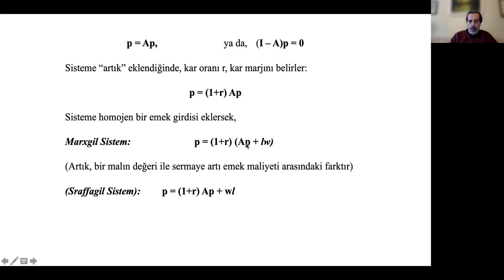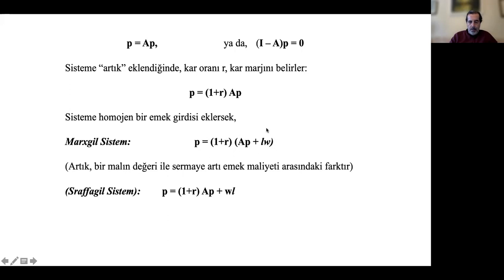In the Marxian system, the expression within the parentheses refers to the total costs, and total costs plus R times total costs. So we have the total cost of production, cost of labor plus cost of capital, plus profit, which is determined by the uniform profit rate.